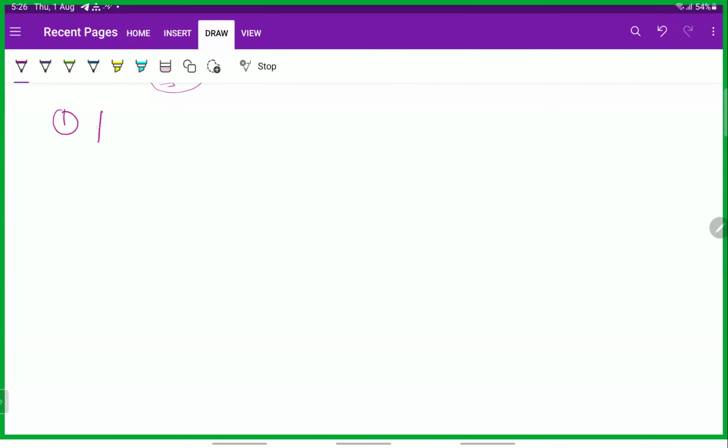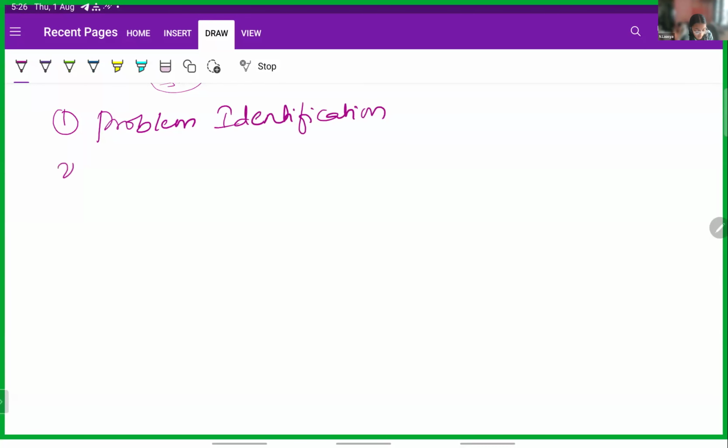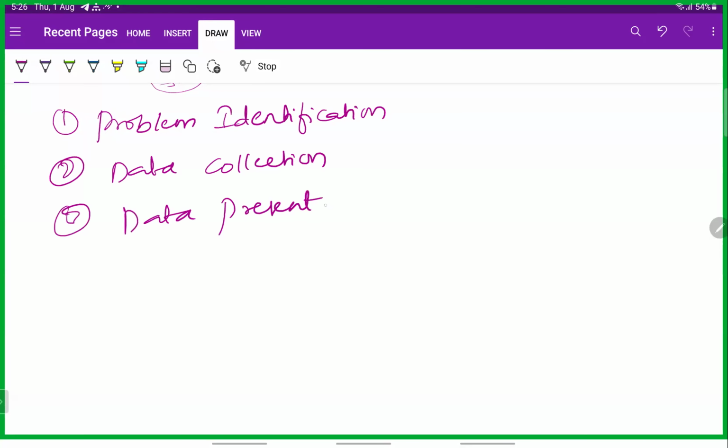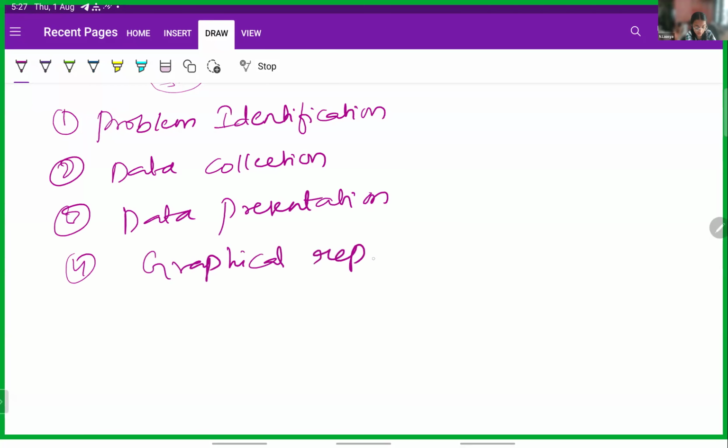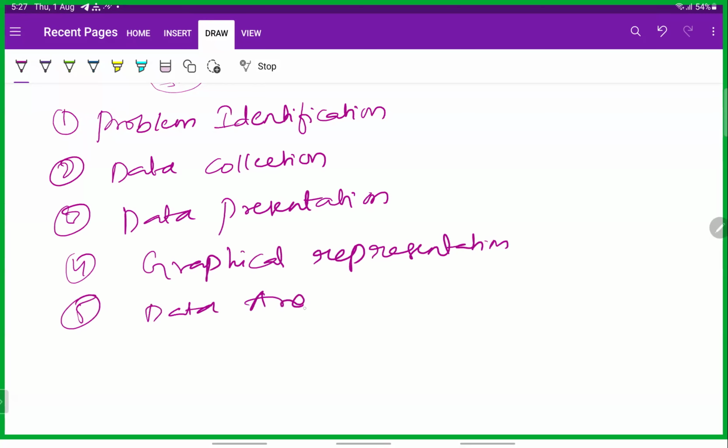One is problem identification, then data collection, data analysis, data presentation, graphical representation, and finally conclusion.